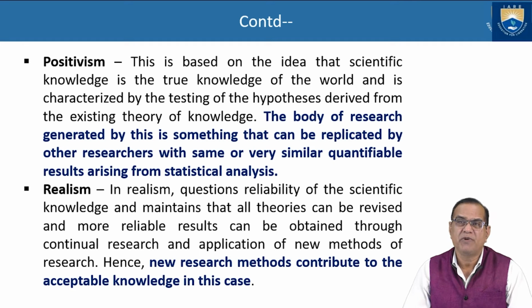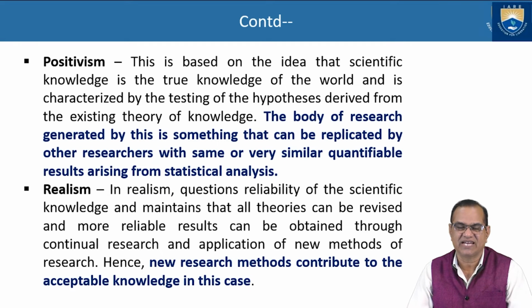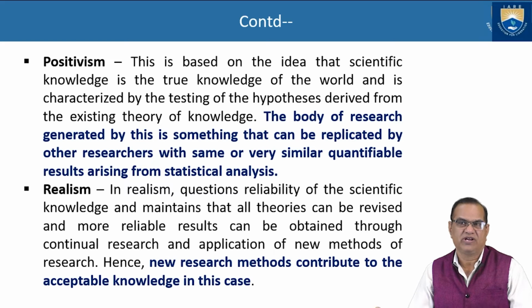So positivism is what? That it is scientific knowledge, and the scientific knowledge is the true. And whatever knowledge you are able to find, it should be based on the testing of the hypothesis, and this hypothesis should be from the theory of the existing knowledge. It should not be just like that. It should be from any theory which, if it is satisfying, it is correct, and if it is not, it is not correct.